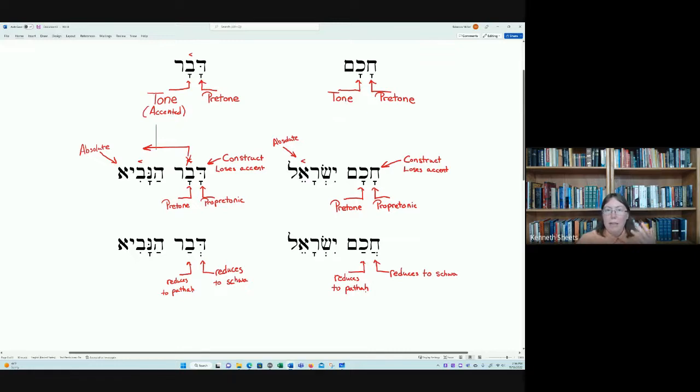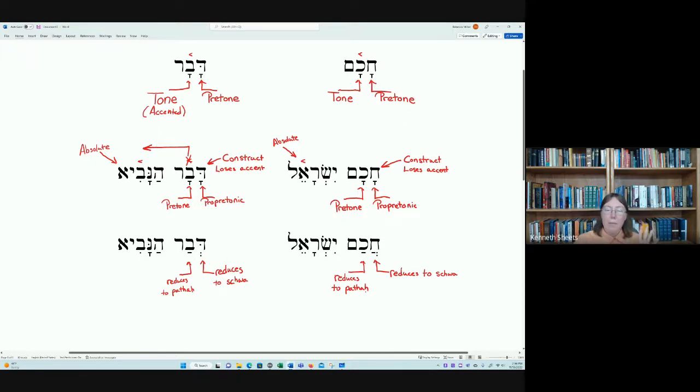Same type of thing happens here with hakam. So hakam is the adjective wise. In this particular instance, we're going to be using it substantively, that is, as a noun. So hakam, notice again, two syllables, and the accent would be over the kam. So the kam is the tone syllable, the accented syllable. The ha is the pretone syllable, the syllable that comes before the accented syllable.